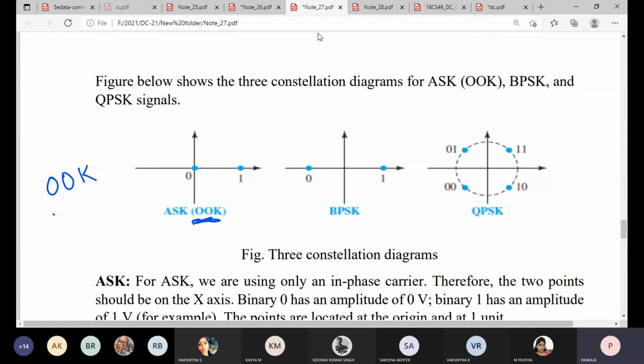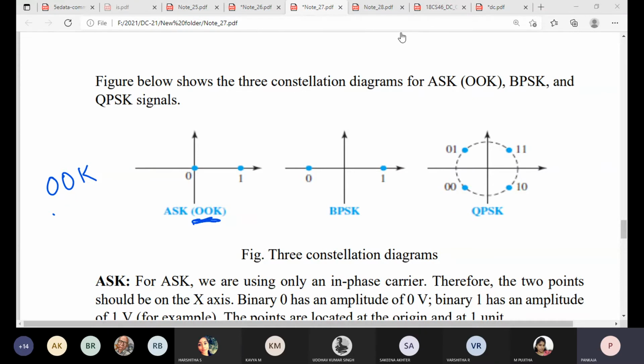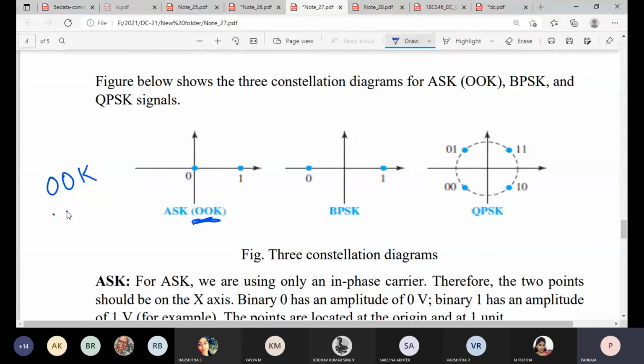I didn't get any answers in the chat box. The answer is on-off keying. Even Sumit answered. The answer is correct, on-off keying.